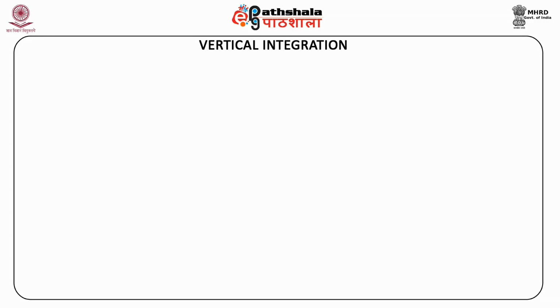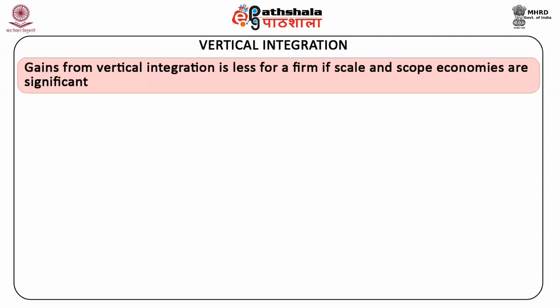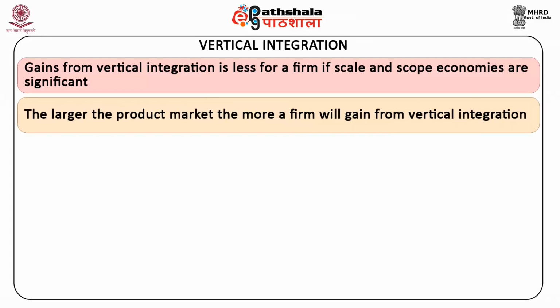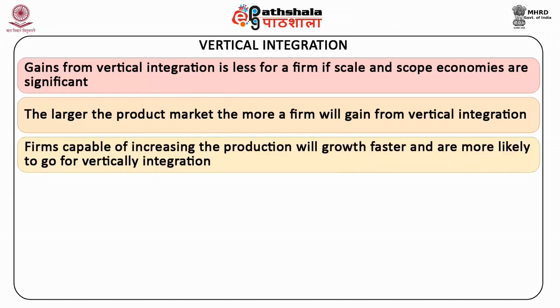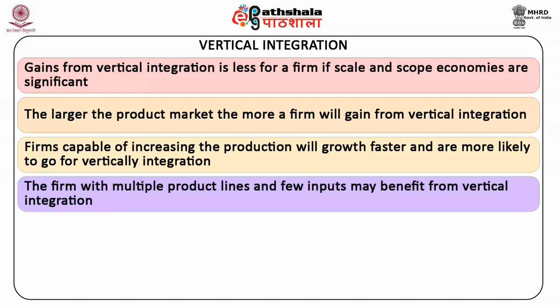The following conclusions can be drawn about the factors motivating vertical integration. First, the gains from vertical integration are less for a firm if the scale and scope economies are significant. Second, the larger the product market, the more a firm will gain from vertical integration. Third, the firms capable of increasing the production will grow faster and are more likely to go for vertical integration.